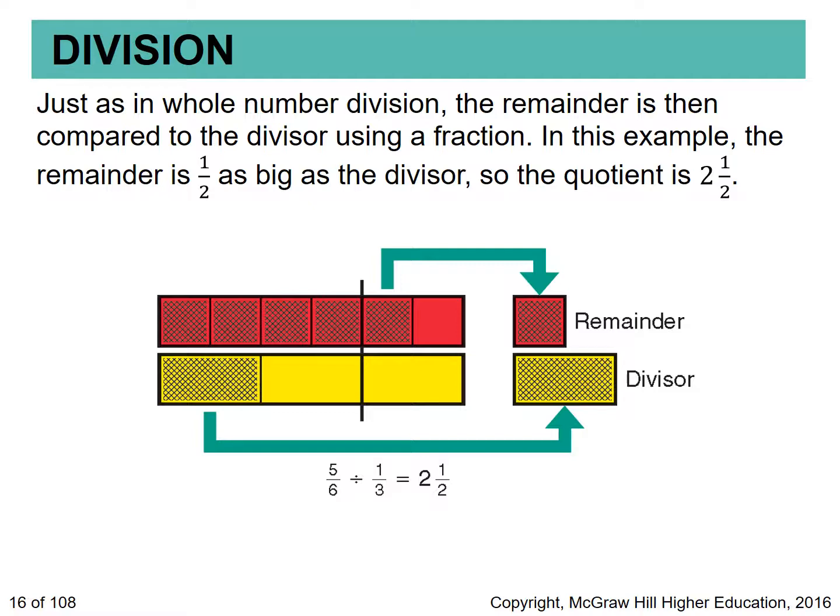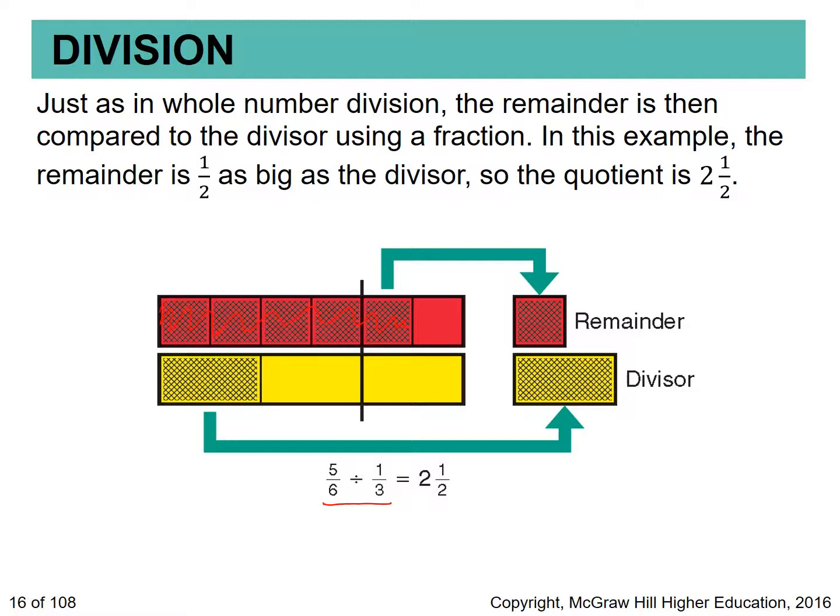So sometimes when we divide whole numbers, we end up with remainders. And when we have those remainders, we write the remainder as what part of the fraction is left over. So here I'm taking 5/6 and I'm dividing it by 1/3. So here's my 5/6 bar up here.